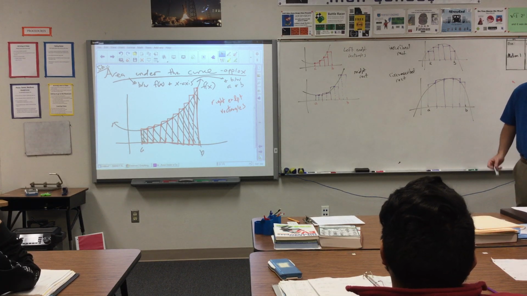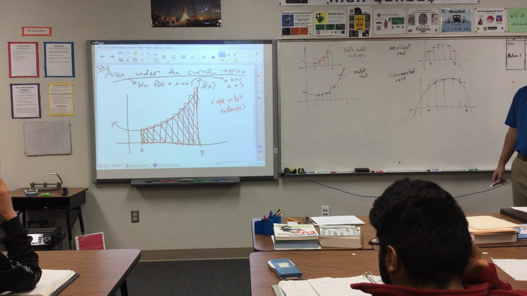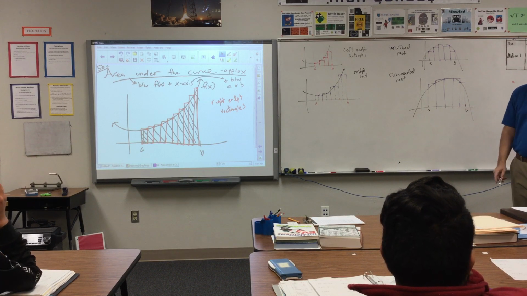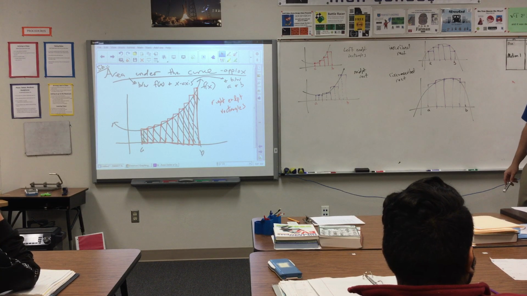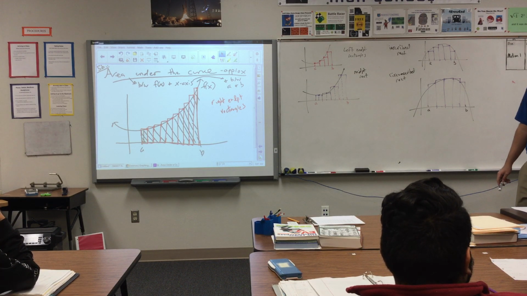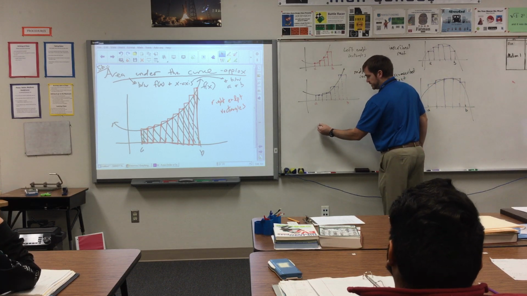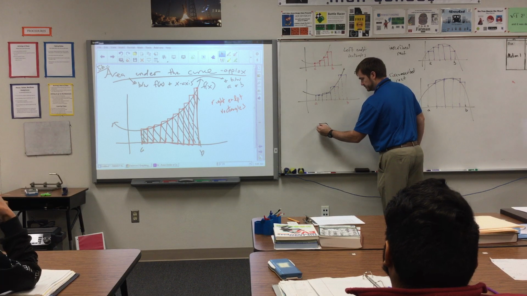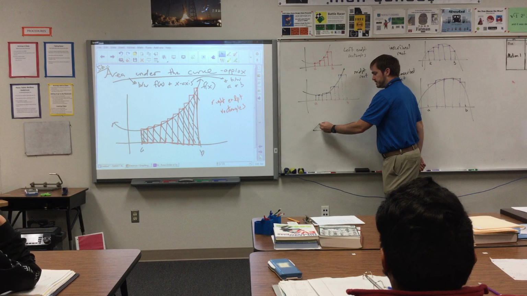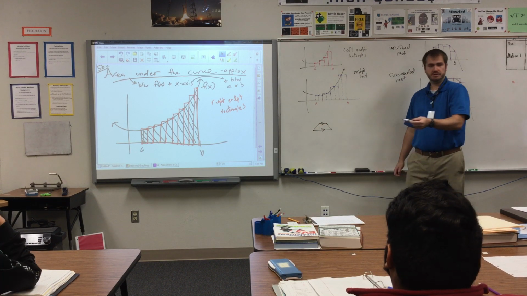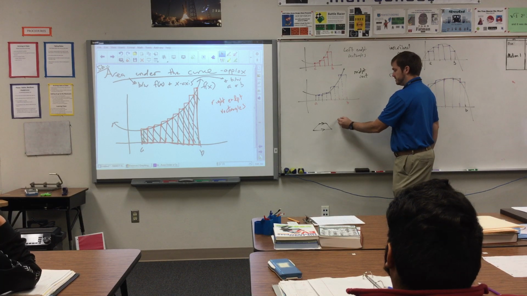And there was one more method. I'm not sure if your book talked about it or not. It wasn't using rectangles. Did the book talk about the trapezoid method? Let's talk about trapezoids. You may remember trapezoids that look like that, right? Where basically a trapezoid is a quadrilateral that has two sides that are parallel and two sides that are not parallel. Okay? Well, you could also turn that sideways.